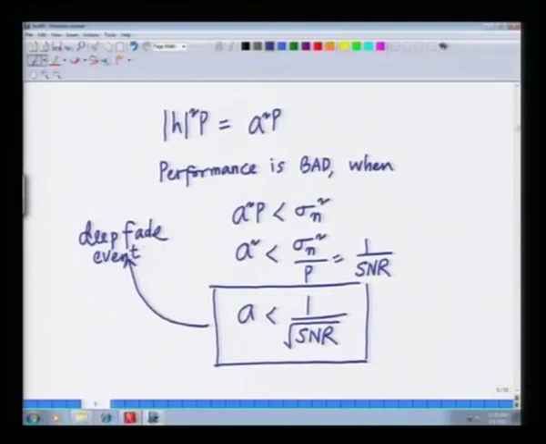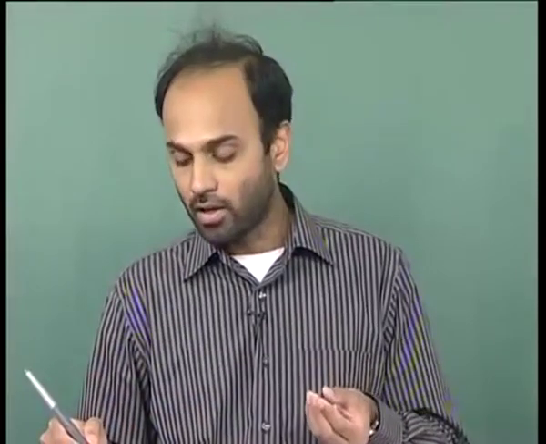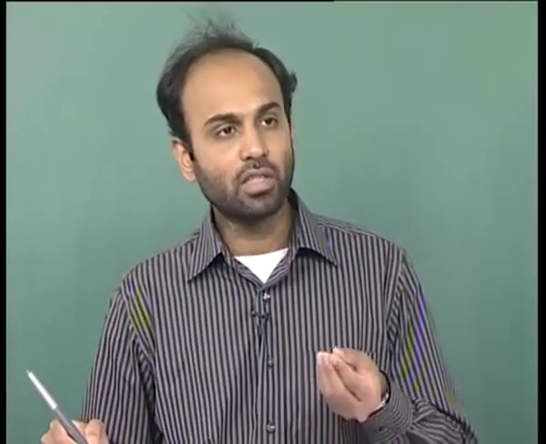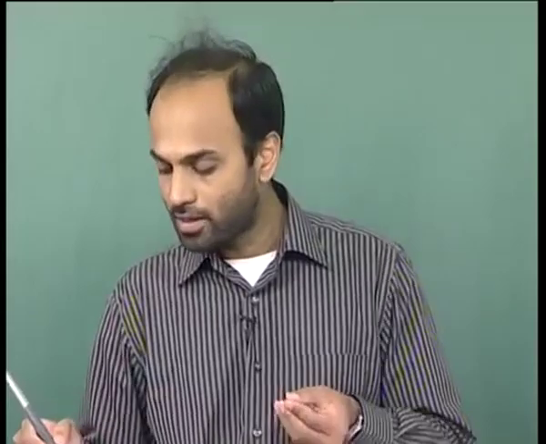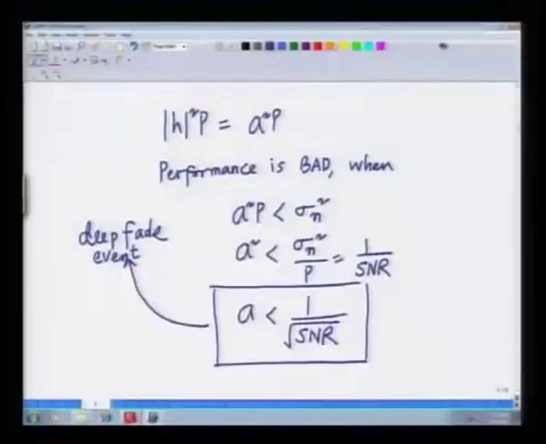This is happening because the destructive interference is so large that very little signal power is received. For that to happen, the magnitude of the fading coefficient A has to be less than 1 over square root of SNR. This is known as a deep fade event.